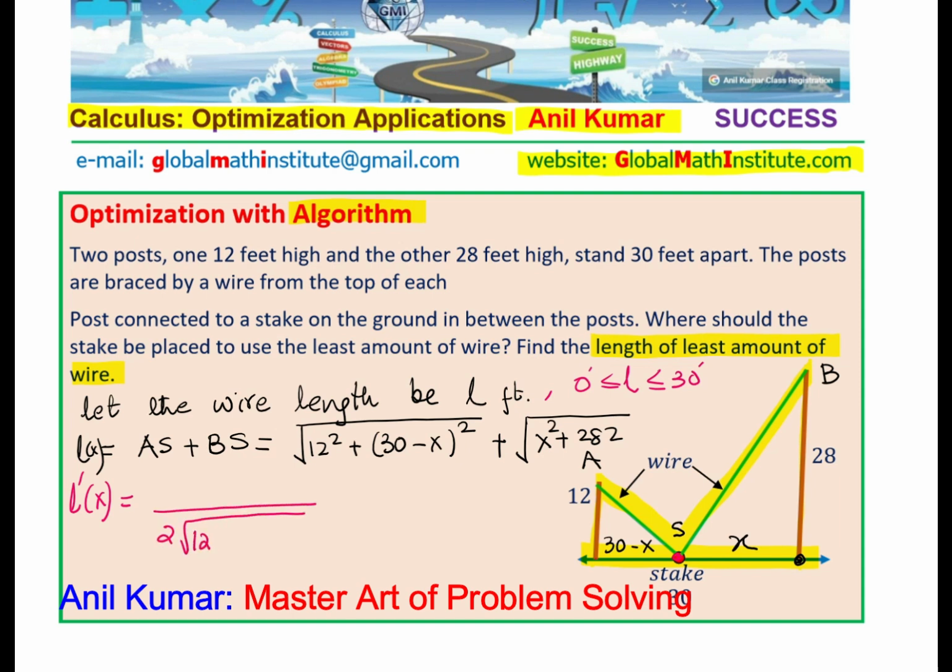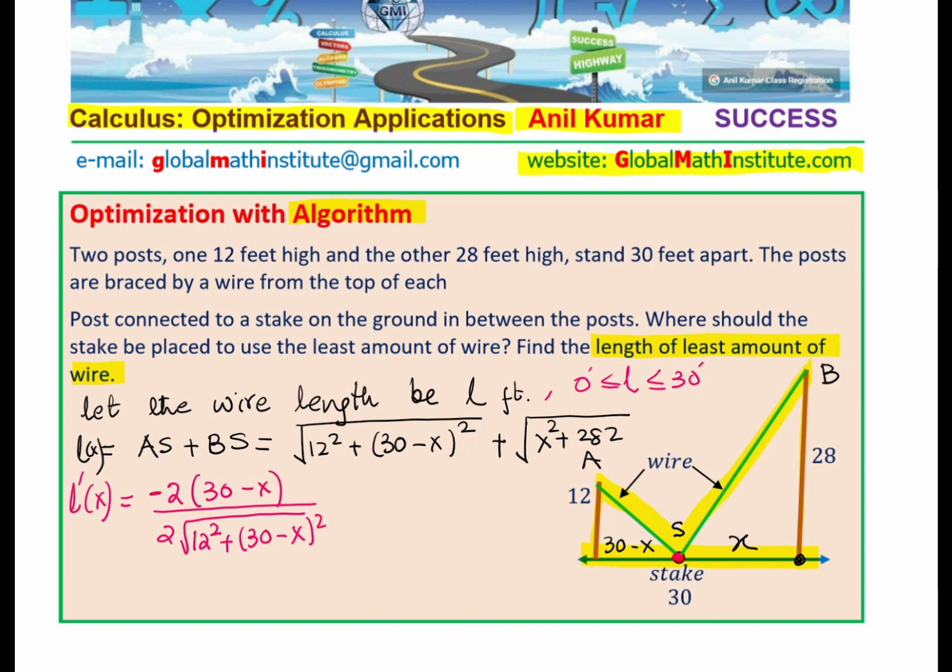Which is 12 squared plus (30 minus x) whole squared, times the derivative of the inside function, which is 2 times (30 minus x) times minus 1, so I'm writing minus here, right? Plus the derivative of the other function, so 1 over 2 square root of x squared plus 28 squared, right? And the derivative of the inside function is 2x.